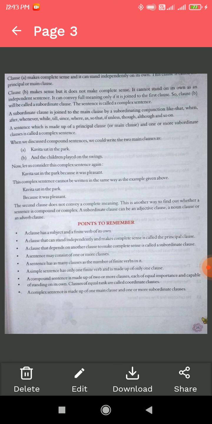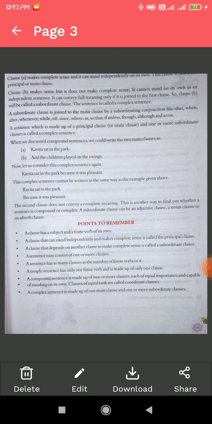Under the main clause, meaning to remain subject to something. Subordinate means something under control. So a subordinate clause is joined to the main clause by a subordinating conjunction. Earlier we discussed coordinating conjunctions.